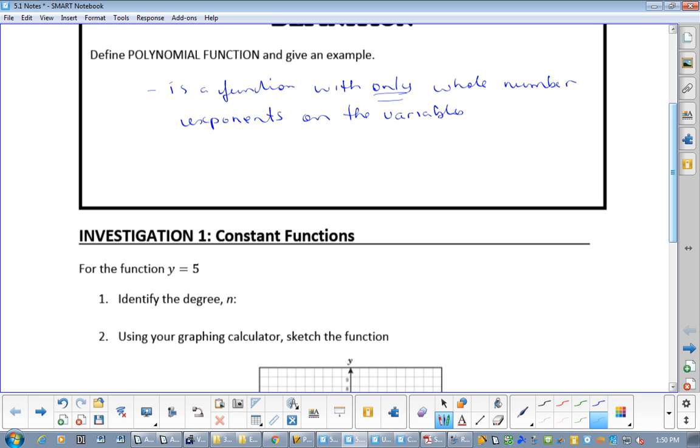So a polynomial function is a function with only whole number exponents on the variables. So example, f of x equals 5x squared minus 3x plus 7.